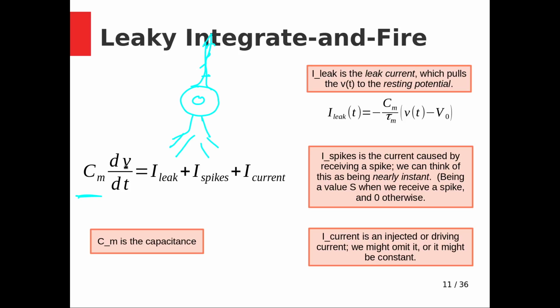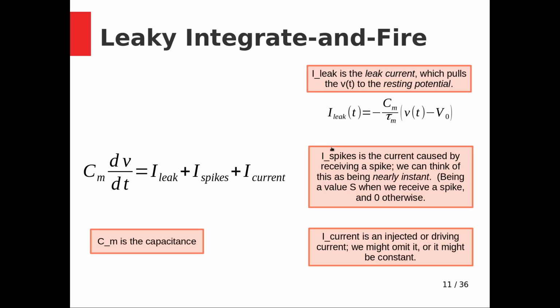You can kind of think of it a little bit like a little capacitor. The capacitance is also related to resistance, which is related to energy flow across the membrane, and I forget all of the details of that to talk about it intelligently.